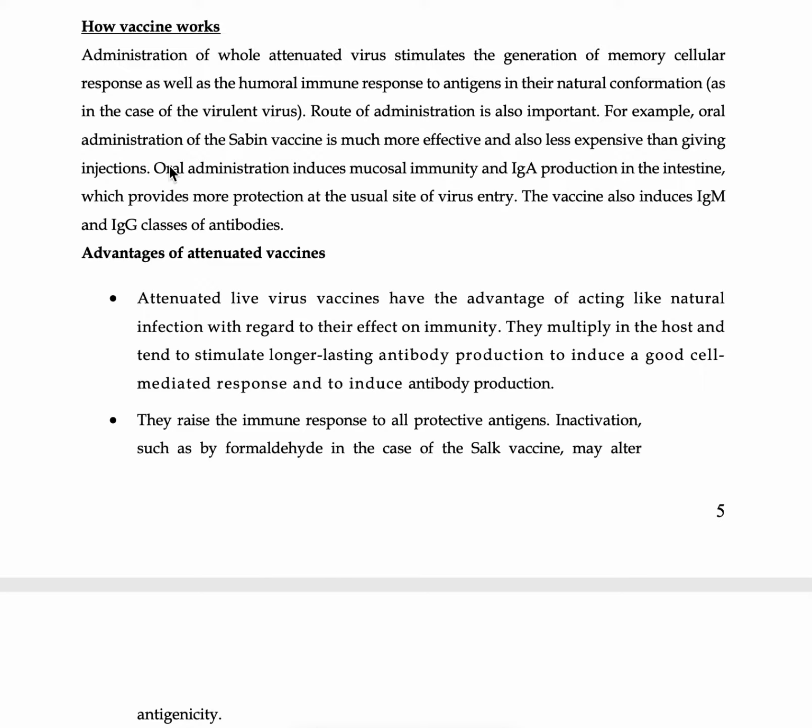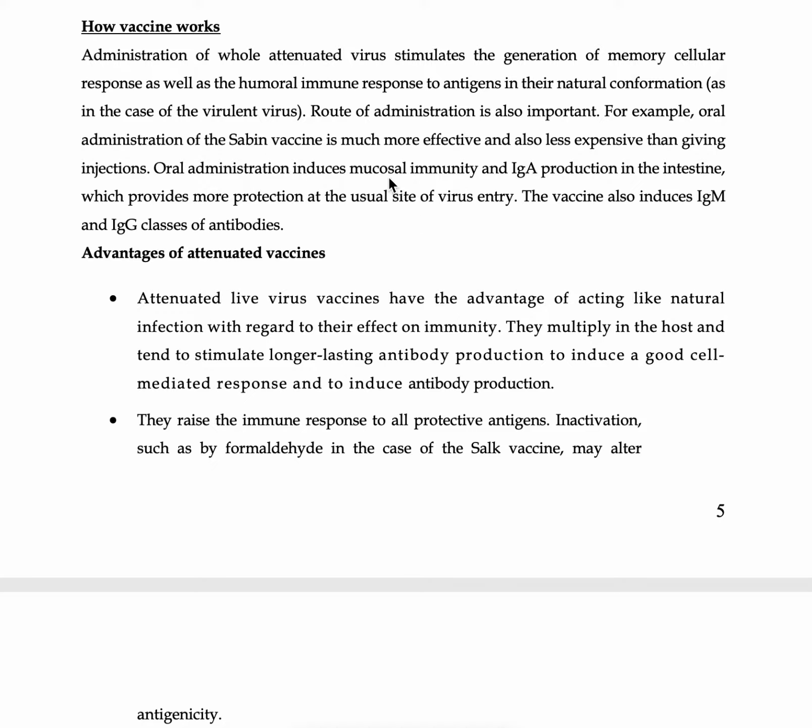Because this oral Sabin vaccine can induce immunity in the mucosal cells of the gut, and the gut is the primary infection site of polioviruses. As immunity is induced in the primary site of infection, it provides more effective protection against poliovirus.